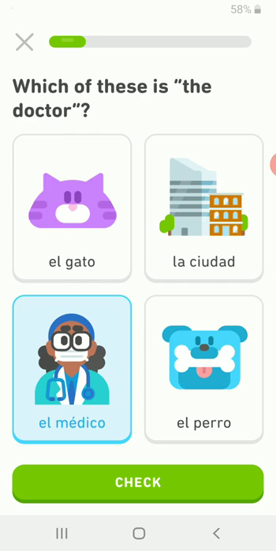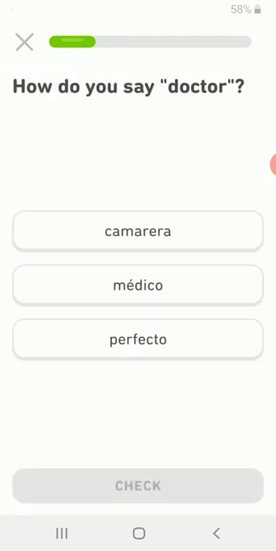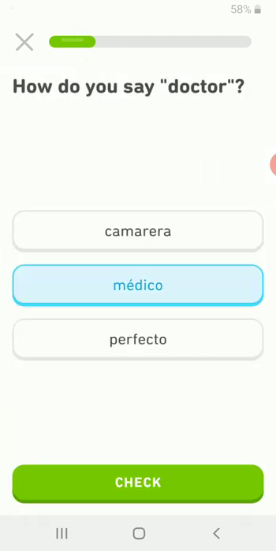La ciudad is a city, and el perro is a dog. And how do you say doctor? Médico. Camarera, I think it's the waiter, but camarera is a waitress because it's not camarero. Perfecto is perfect.